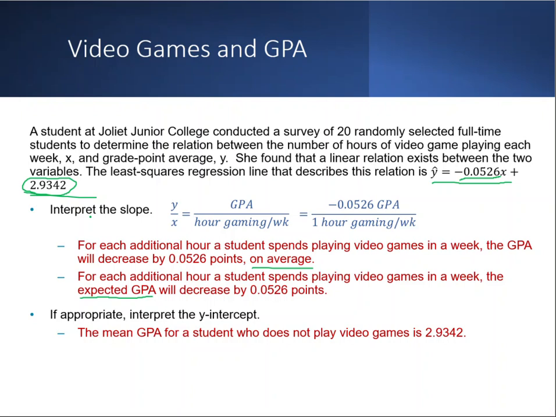Now you always want to ask yourself one more time, does it make sense to interpret this y-intercept? Could this be our starting point? I would say yes, it makes sense to have a value starting at 2.9342 because there could be people who play 0 hours of gaming and still have a GPA of 2.9342.